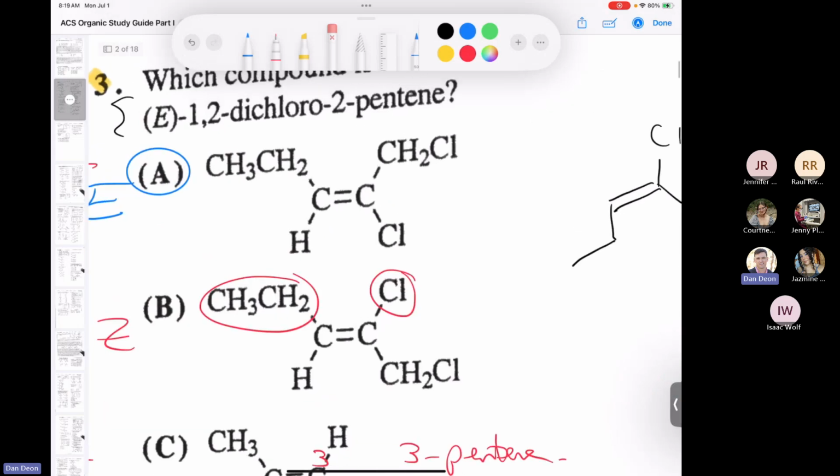bear with me, okay? I think the most difficult part is looking at these two groups on this carbon, right? Sometimes students will just automatically say, well, this group takes precedence because it's bigger, right? It's got more atoms. It's going to take precedence over the chlorine. Well, that's not true because you're actually comparing the atom that's directly attached, right? We have a carbon and a chlorine. Well, a chlorine has a higher atomic number, right?